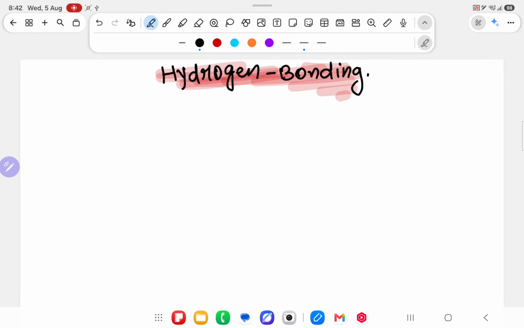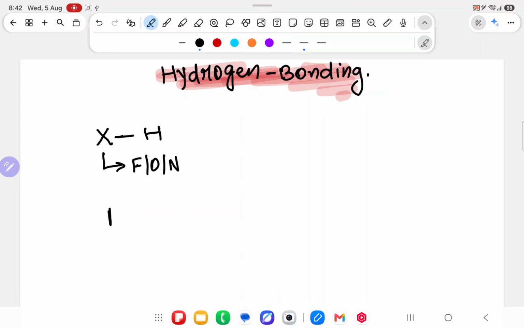Now, what is a hydrogen bond? The rule is that suppose you have some element X, and that X will be either fluorine, oxygen or nitrogen. That X is attached with hydrogen.